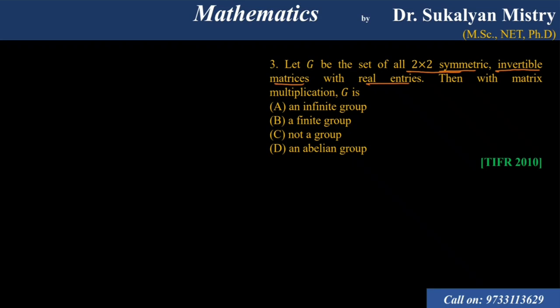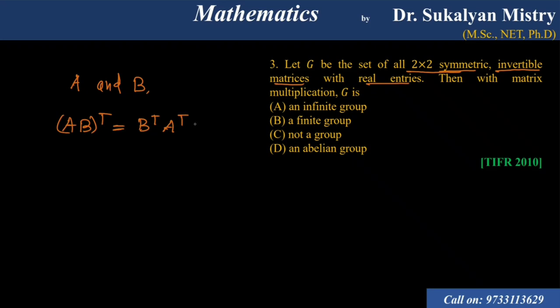So if we take two invertible symmetric matrices A and B, then their multiplication is invertible, but it may not be symmetric, because we know that AB transpose is equal to B transpose A transpose, right?